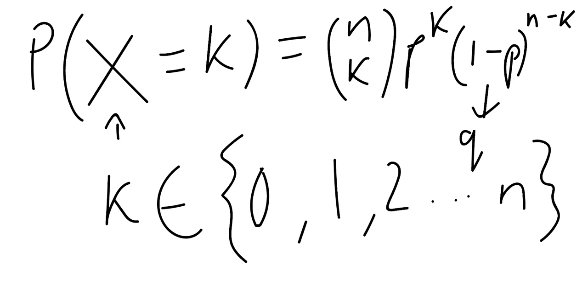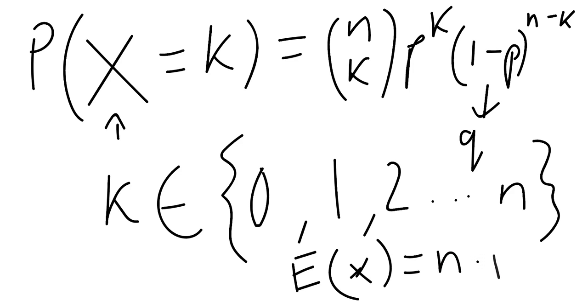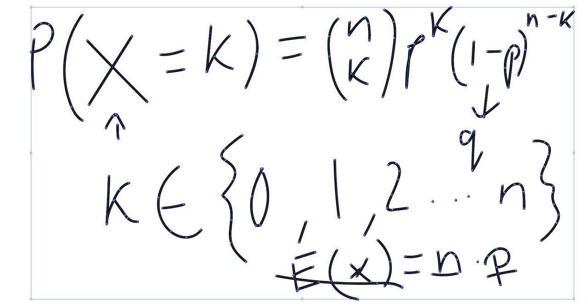All right, and it turns out that the expected value of a binomial distribution is n times p. So the number of trials you have multiplied by the probability of success is the expected value of this binomial distribution.